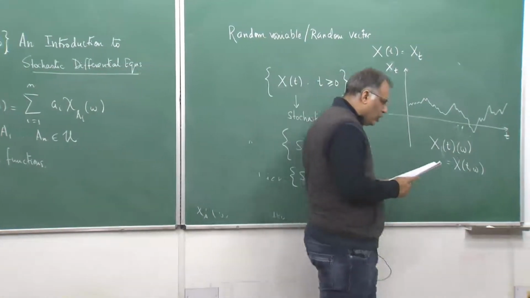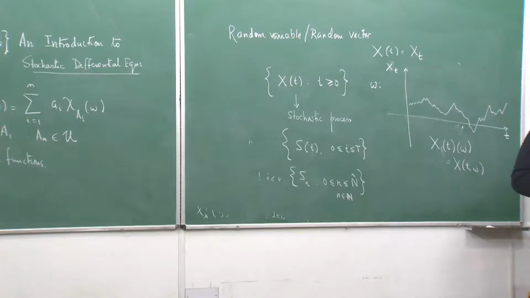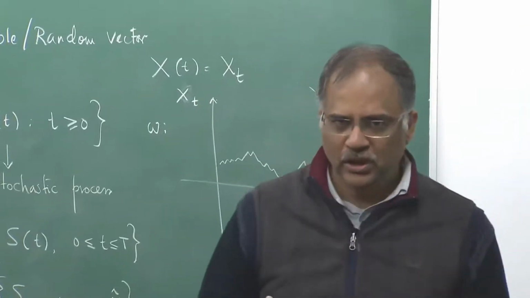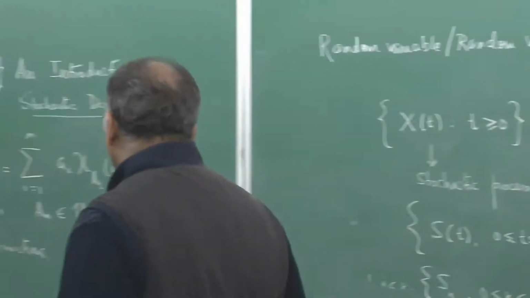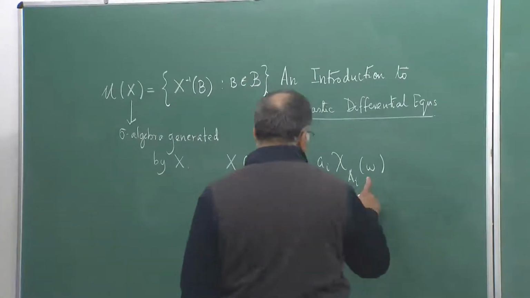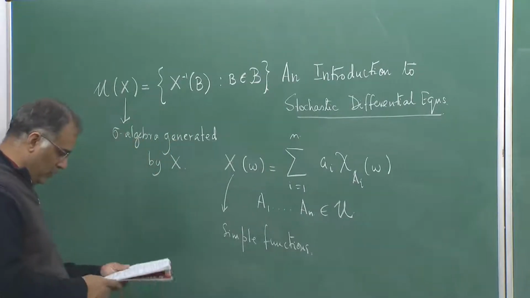So, here now we are going to talk a little bit about the issue of integration and the meaning of expectation. Simple functions would play a very fundamental role here.